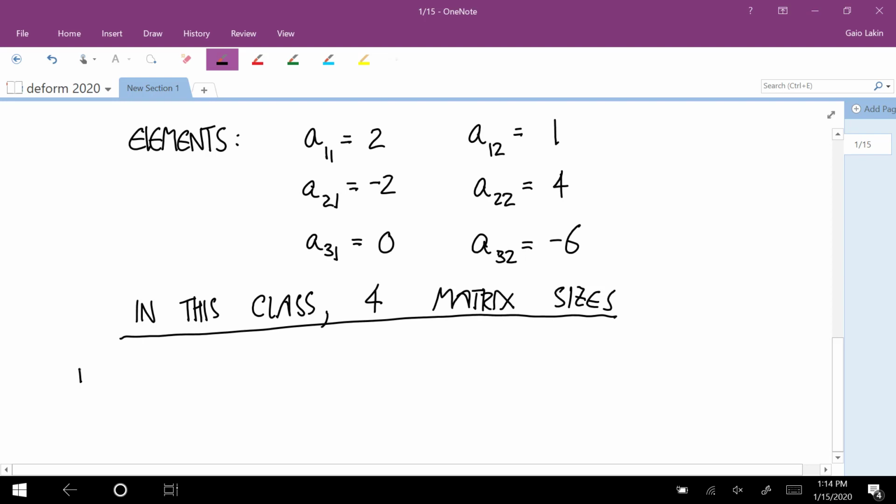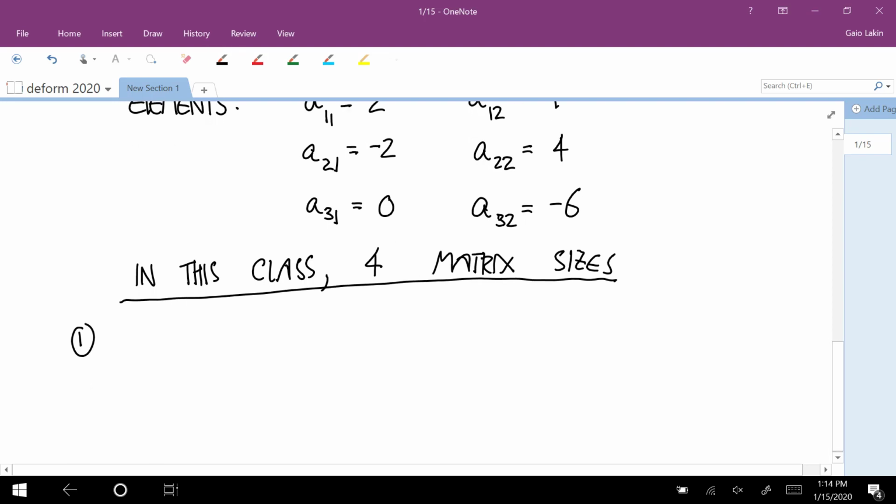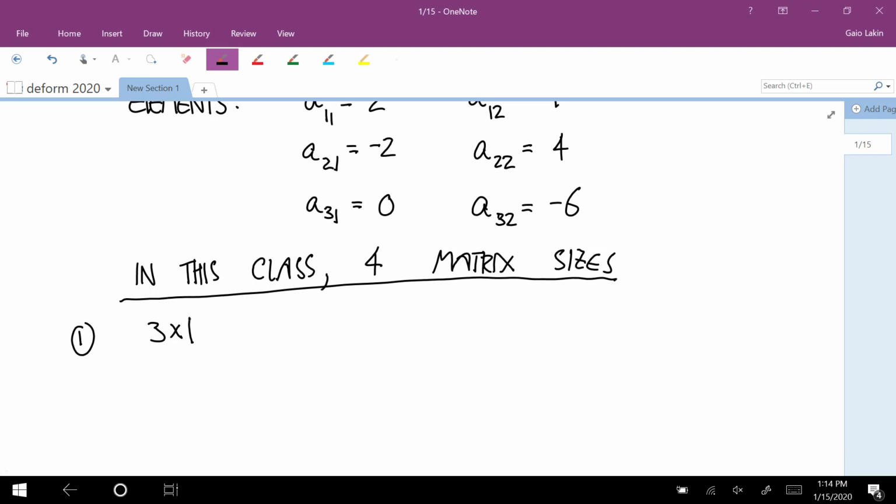The first one is 3 by 1. So that's something that has 3 rows of elements, but only 1 column. And so that's the way we're going to represent vectors in 3 dimensions.